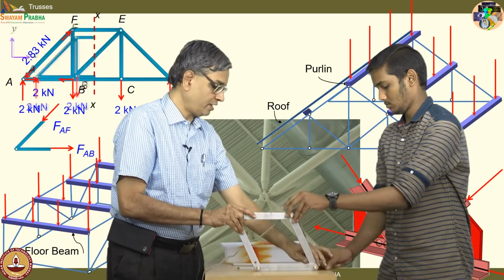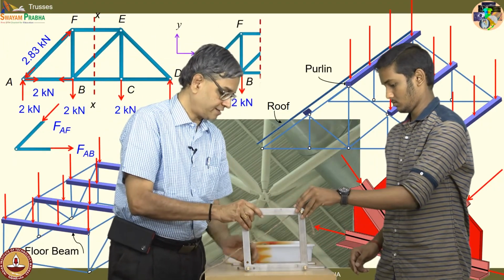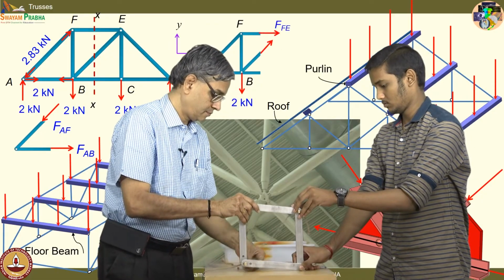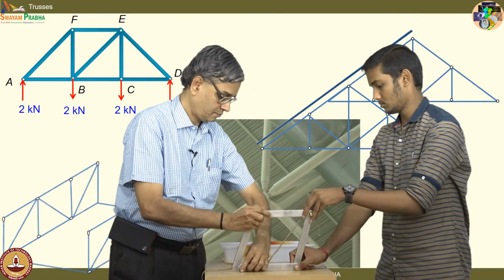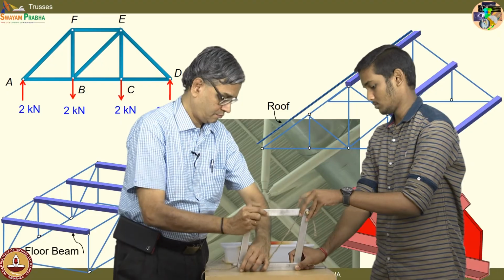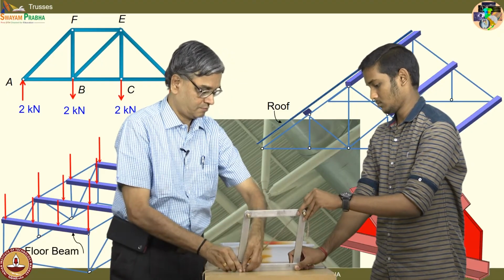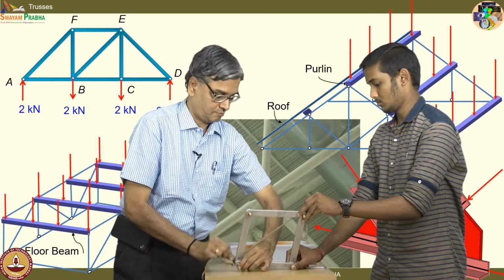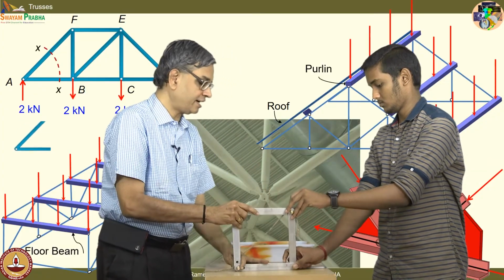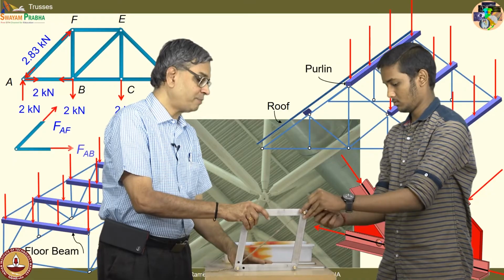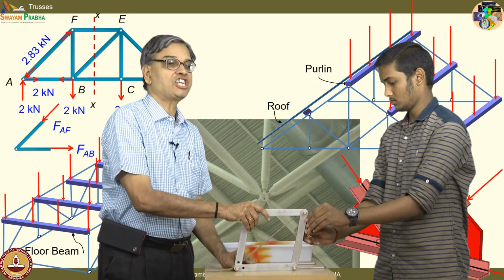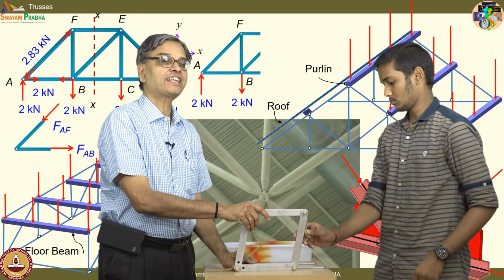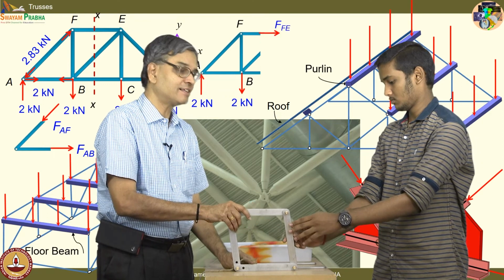This is for your cross bracing. And what I have here is, the cross bracing can take tension, a string can take tension, but will collapse in compression.